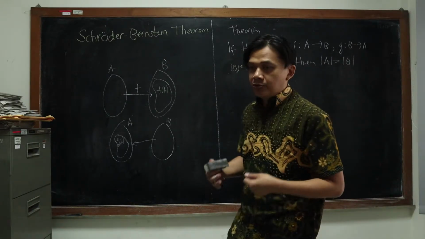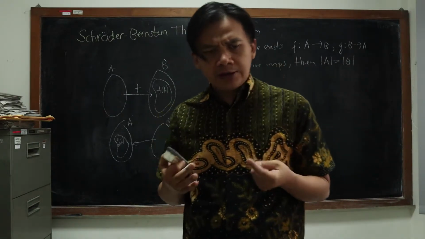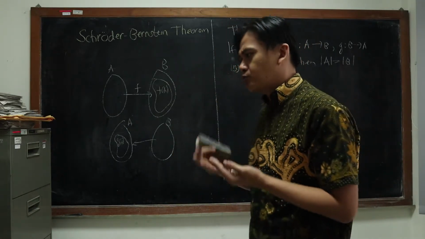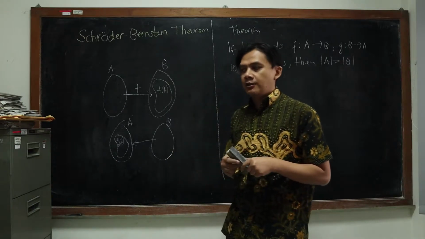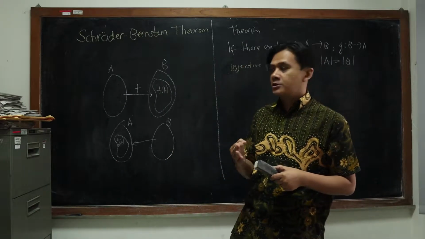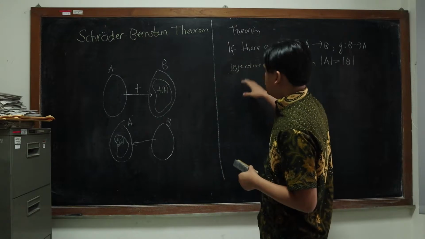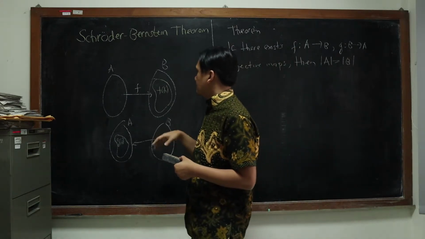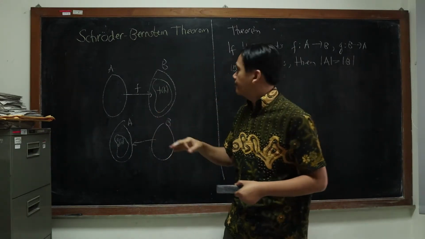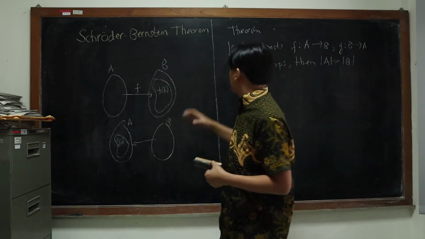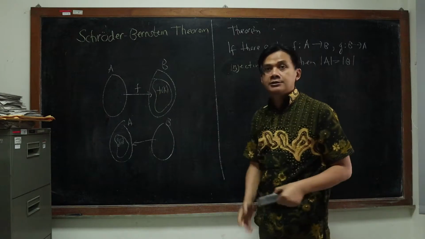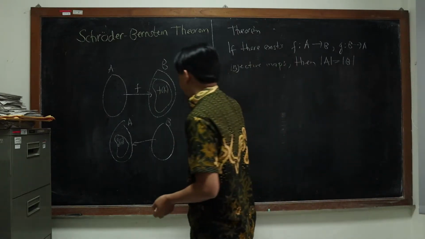But if we want to refer to the original definition of when two sets have the same cardinality, which is that we have a bijective map, then in order to prove this, somehow we need to create a bijective map between A and B by using the information that F and G are injective, right?